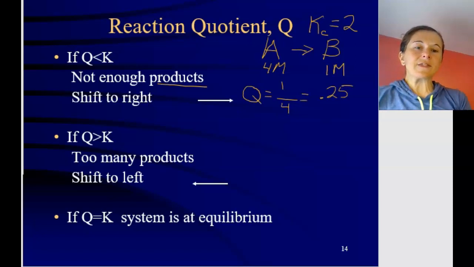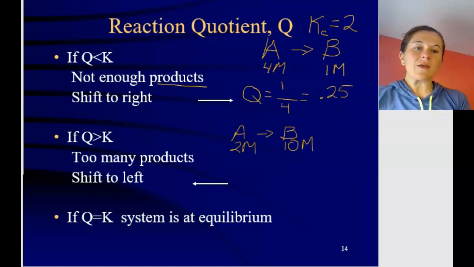Now let's say we have the same reaction, but this time, what numbers did I go with? Let's say that A, let's rewrite this real quick. Our concentration of A is 2 molar, and our concentration of B is 10 molar.